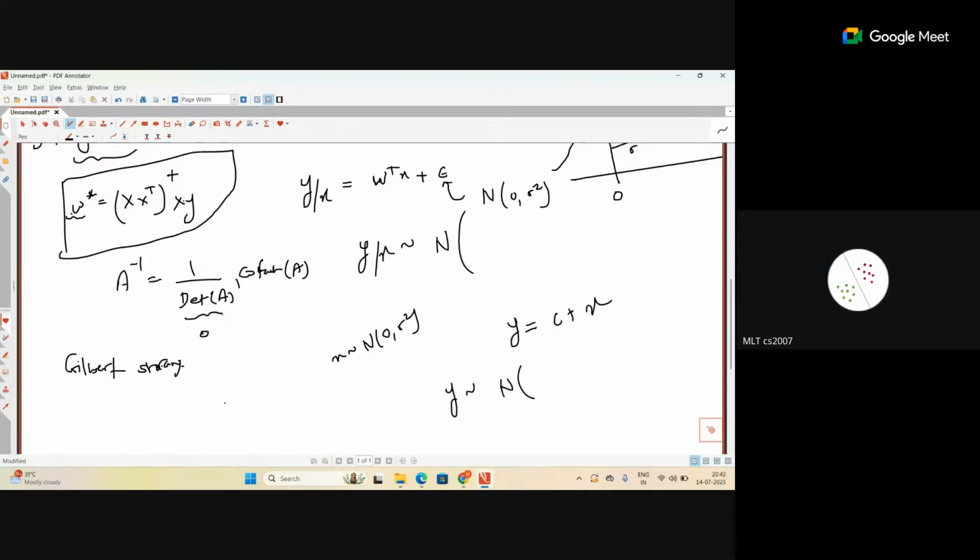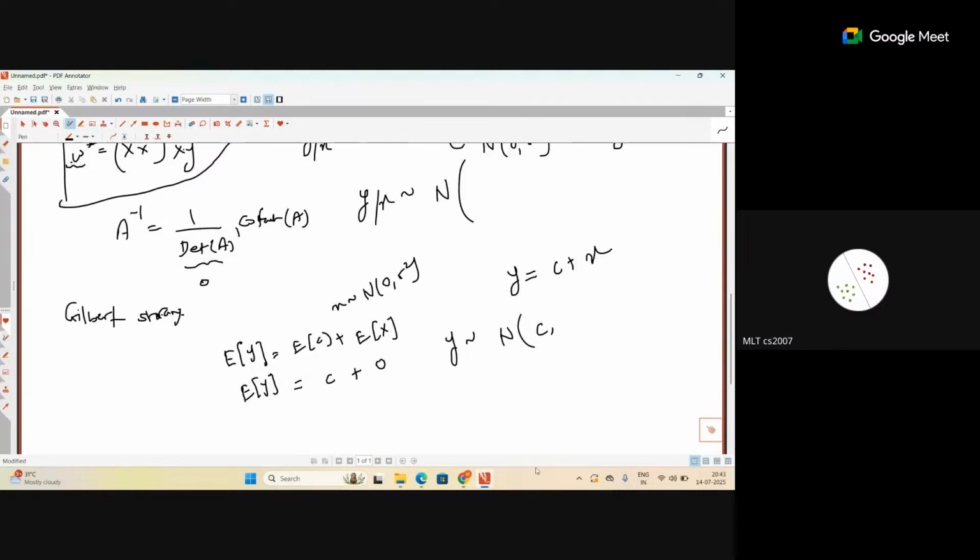So how have we found it out? Expectation of y is equal to expectation of c plus x, which is expectation of c plus expectation of x. What is the expectation of x? It is 0. Expectation of any constant is the constant itself. So the expectation of y is c. And what will be the variance of y? It will be variance of c plus variance of x.